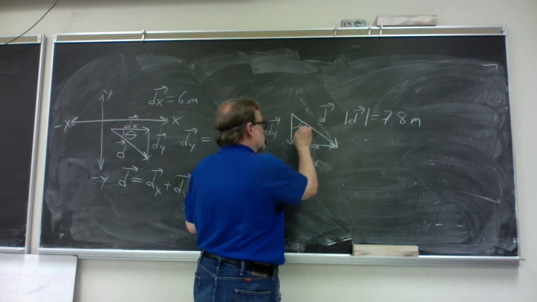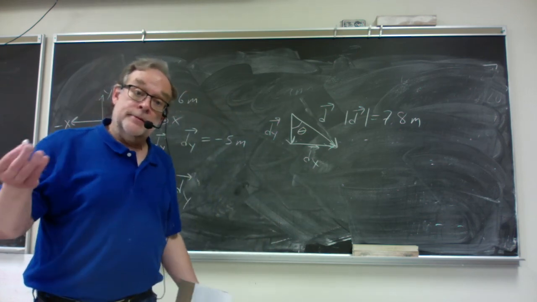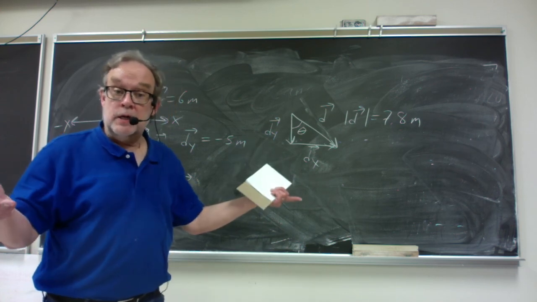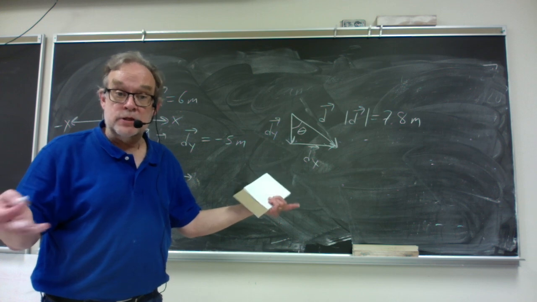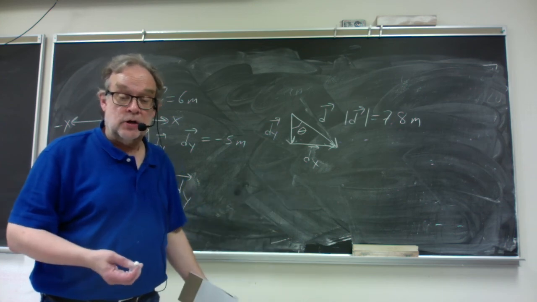Could just as easily have chosen that for a direction angle. Let's see how that works out. Either of the two non-90 degree angles in the right triangle would work perfectly well for specifying the direction angle.